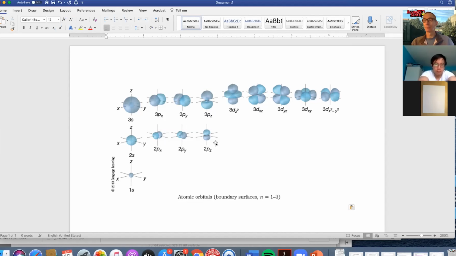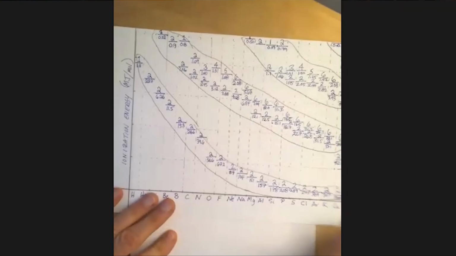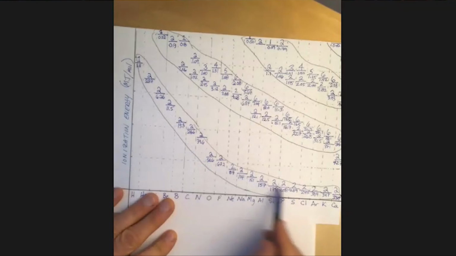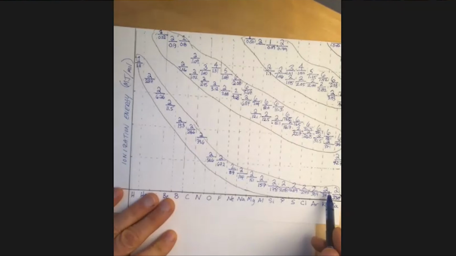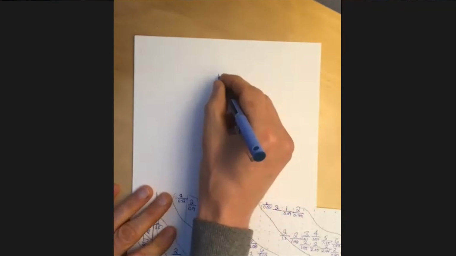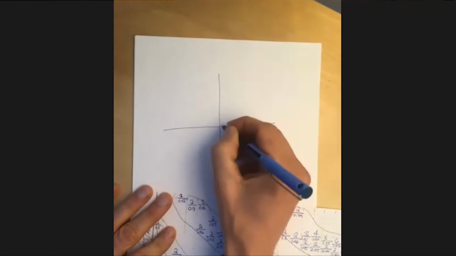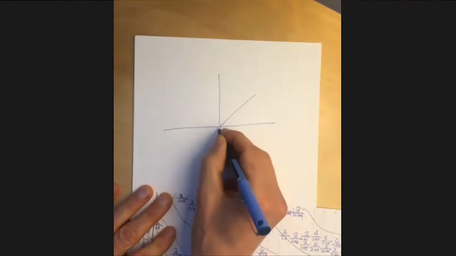And I'm going to try to help you understand some of the things that we might have to deal with, okay? We know, based on the photoelectron spectroscopy data, that there can be a couple of electrons down in this lowest level. So I'm going to draw an X, Y, and Z axis.